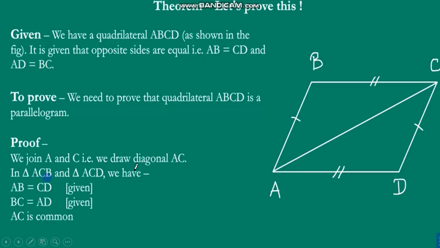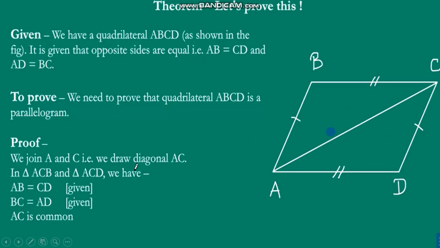In triangle ACB and triangle ACD, we have AB is equal to CD because these are given, and BC is equal to AD.